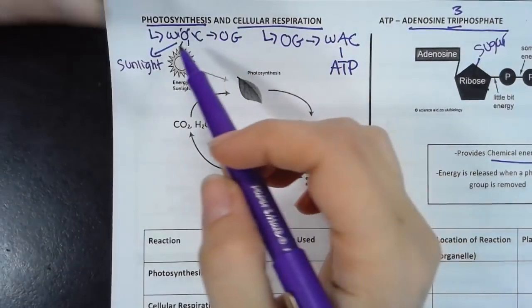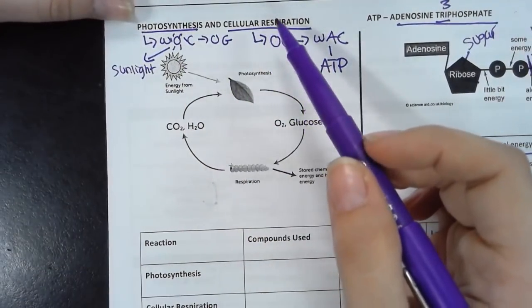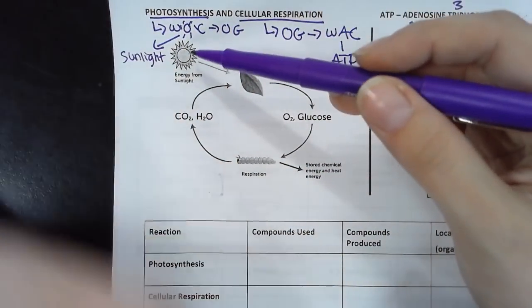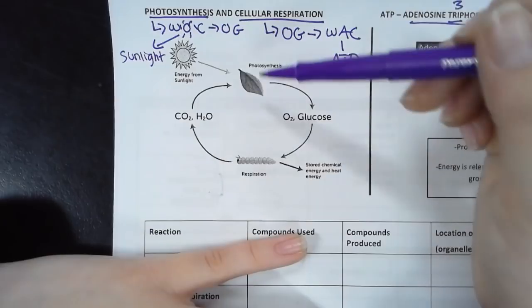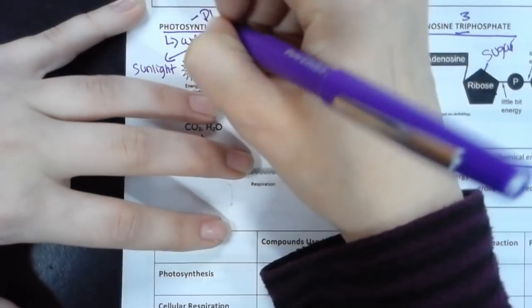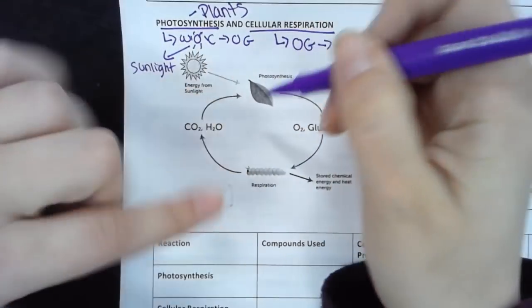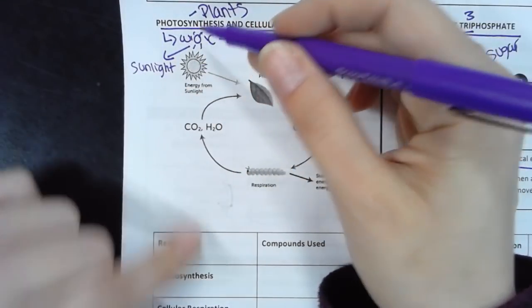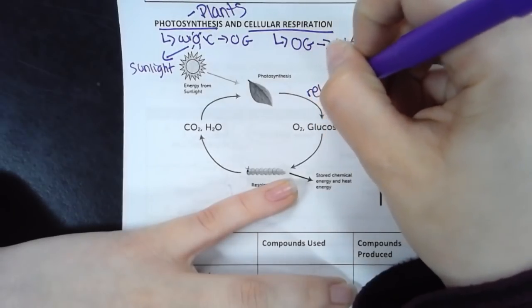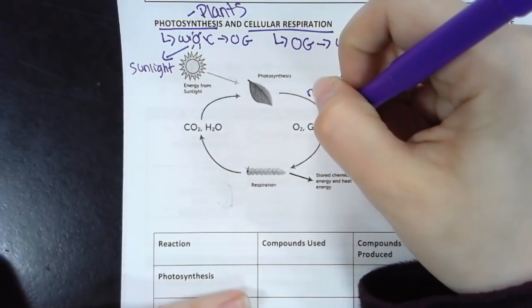We can see here, if we go back, photosynthesis and cellular respiration work together. If I follow this diagram, if sunlight is hitting a leaf, so this is a plant, photosynthesis happens in plants. Plants need the sun, that's how you can remember it. And then they release oxygen and glucose.